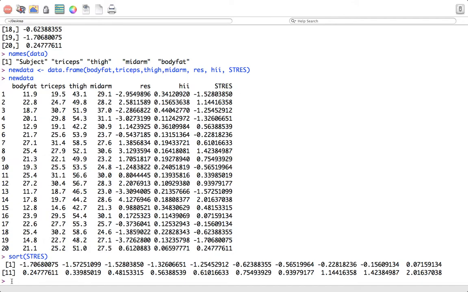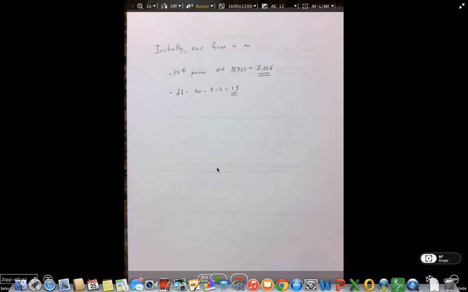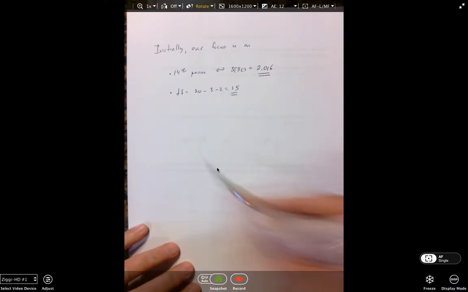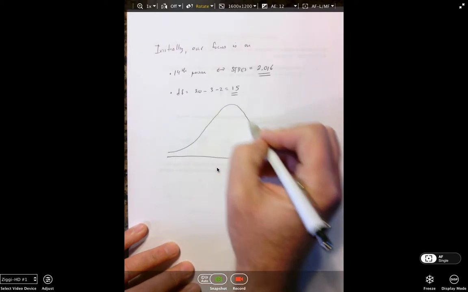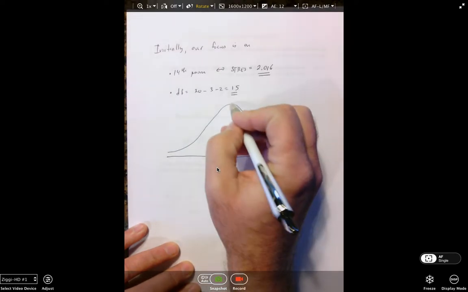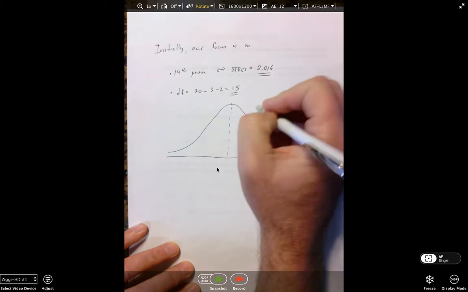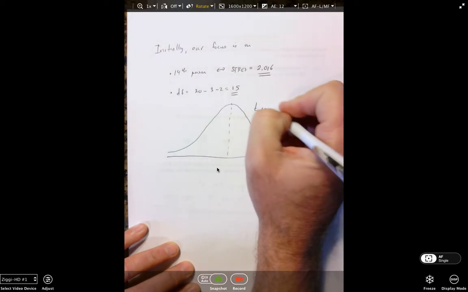So we're dealing with the t-distribution with degrees of freedom equal to 15. The underlying probability distribution here is t with 15 degrees of freedom.